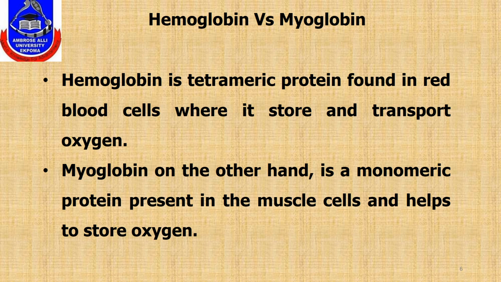Hemoglobin is a tetrameric protein found in red blood cells where it stores and transports oxygen, while myoglobin is the same but with a difference in that it is a monomeric protein as against the tetrameric hemoglobin, and it is present in the muscle cells where it also helps to store oxygen. So while hemoglobin is in the blood, myoglobin is in the muscles.